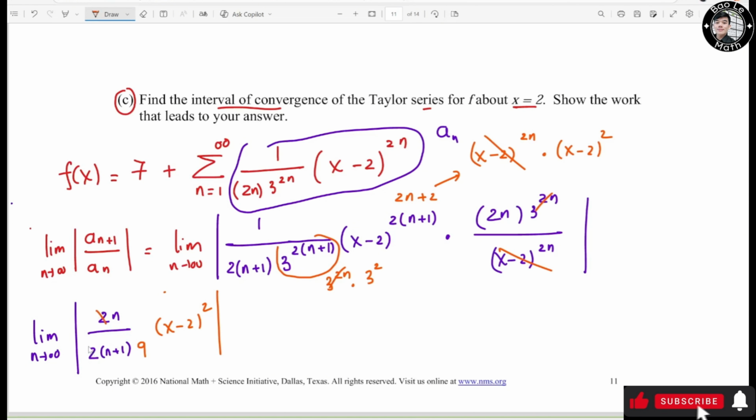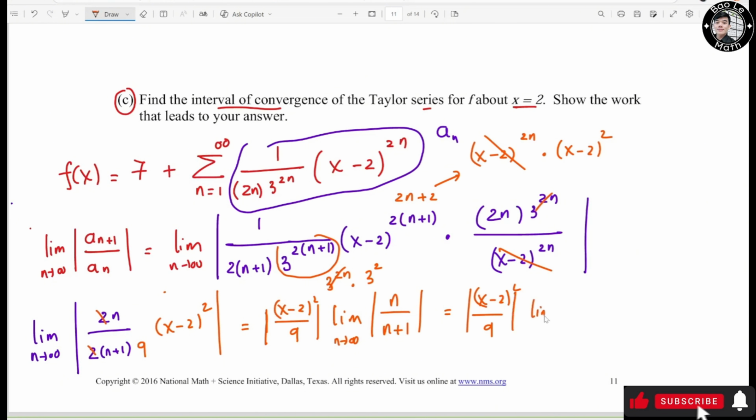Now we're going to simplify 2n and 2n plus 2. We're going to use the relative growth rate, so n grows faster than 1. So it's going to be the absolute value of (x minus 2) squared over 9 times the limit of the absolute value of n over n as n approaches infinity, and this is actually 1. So we have (x minus 2) squared over 9, and this is always positive, so I can remove the absolute value sign.